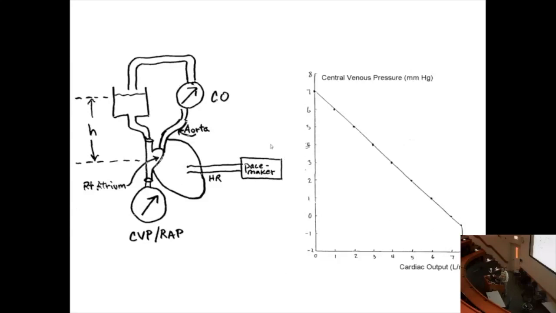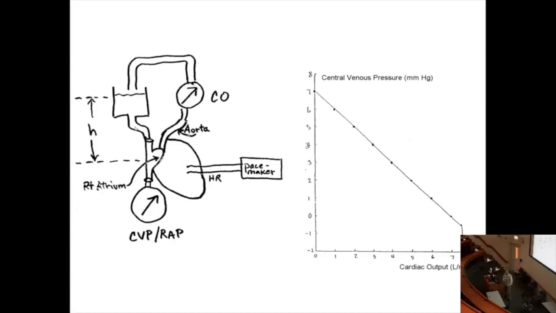Now, if I take the same setup, but I keep the height the same, which means I keep the central venous pressure the same, and I alter the cardiac output with a pacemaker, what I get is, as the cardiac output goes up, the central venous pressure falls, okay?